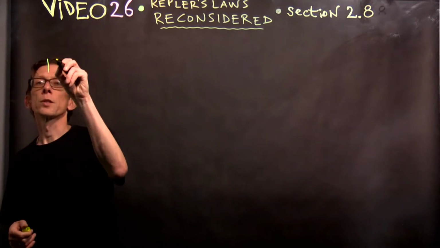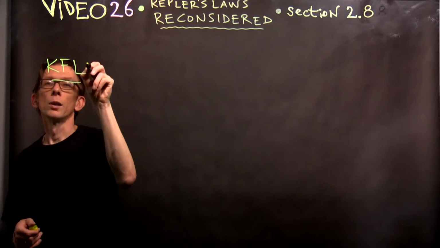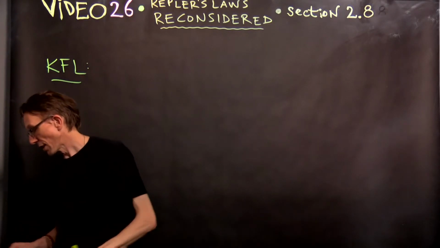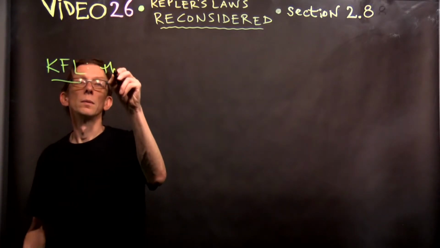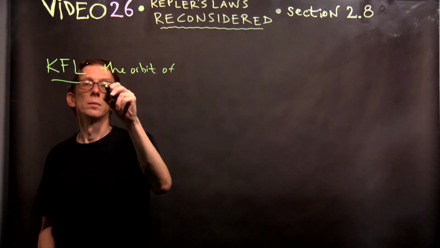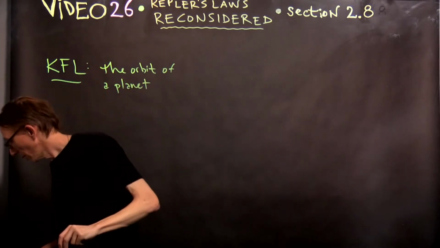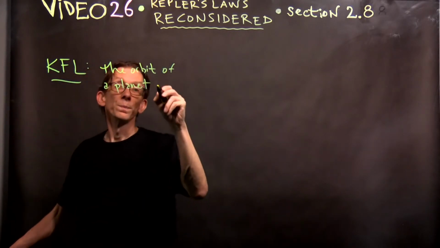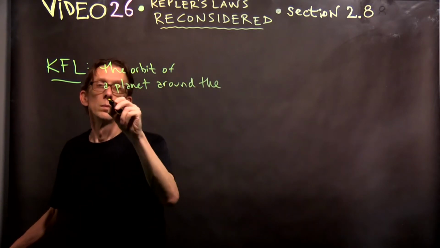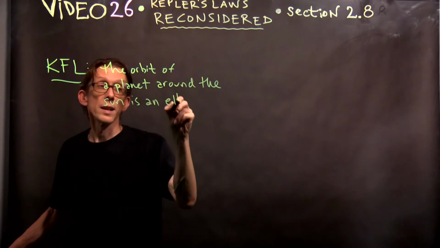So Kepler's first law should be rewritten this way. The orbit of a planet around the sun is an ellipse, so that is correct. That is perfectly right.